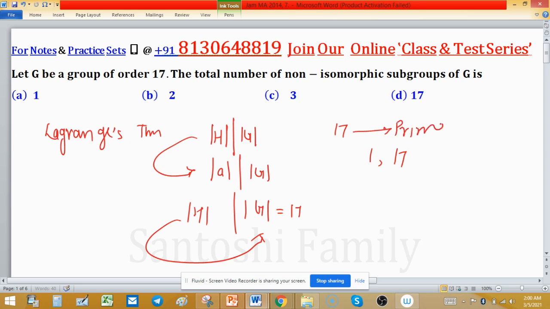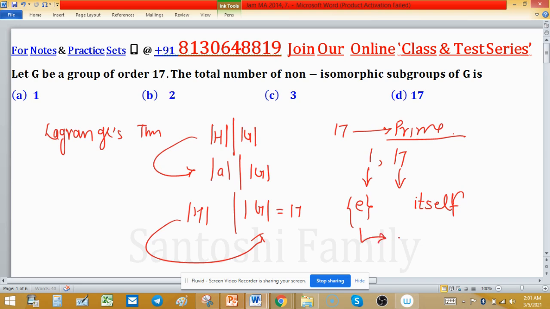A prime has only two divisors, or in other words, no factor other than 1 and itself. So G has only two subgroups: the group itself, and the subgroup of order 1, which is nothing but the trivial subgroup.